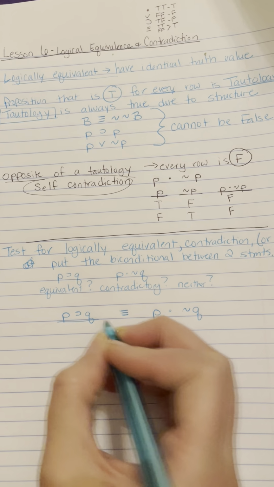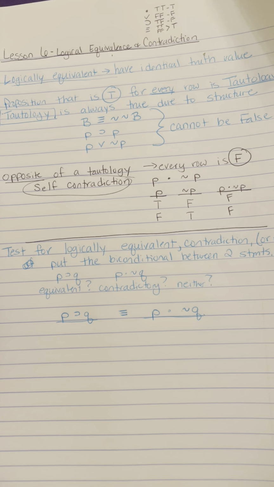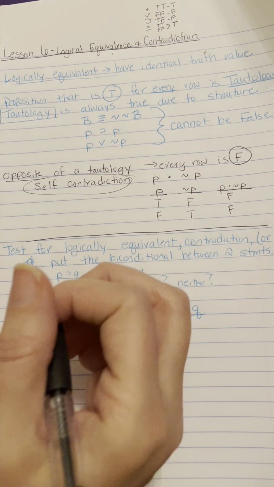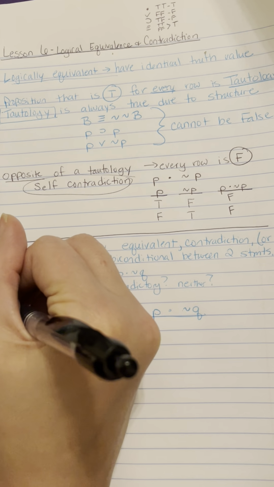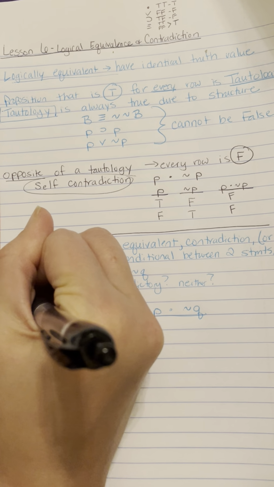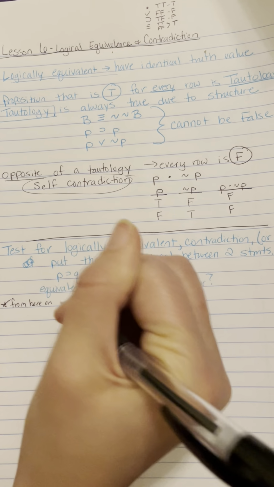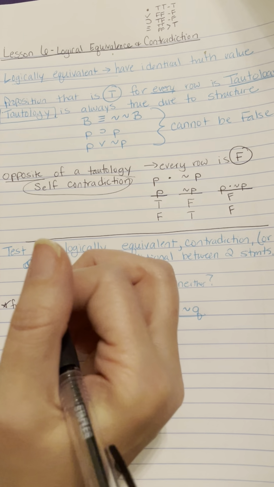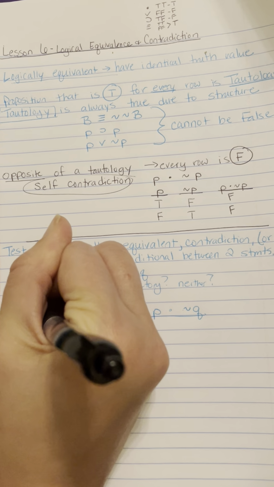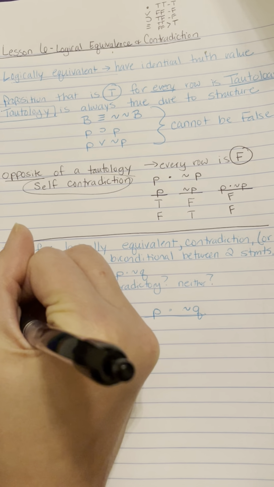Okay, and so from here on out, we're going to use P and Q as guide columns.